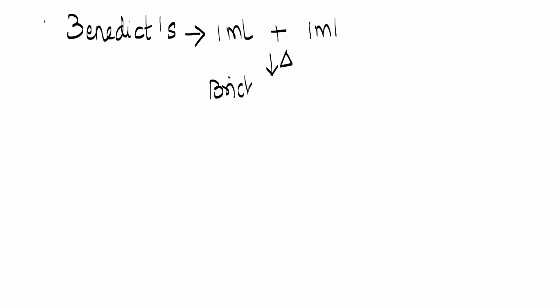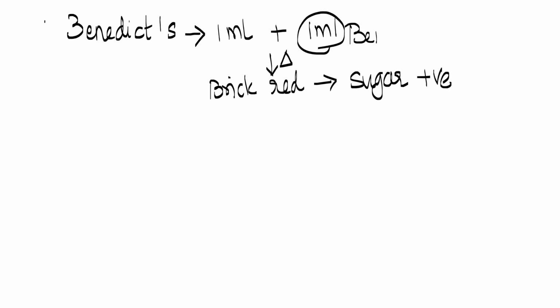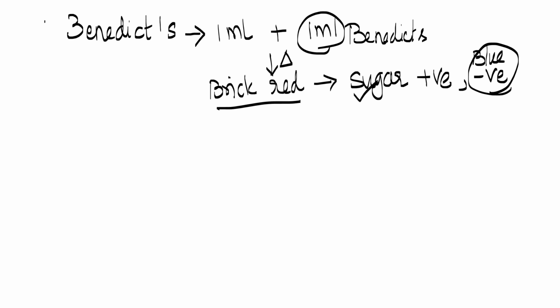If you get a brick red color in the test tube, you can confirm that sugar is present. If you do not get any brick red color and the Benedict's reagent stays blue, that shows a negative result. Negative means blue; you should say no sugar is there. If you have a brick red change, you can say it is sugar. That is how you identify the first component, sugar.